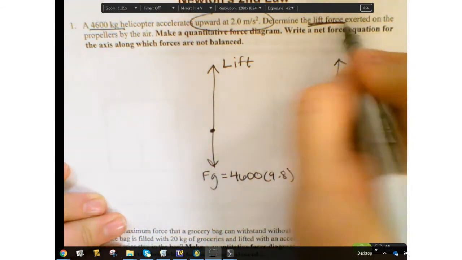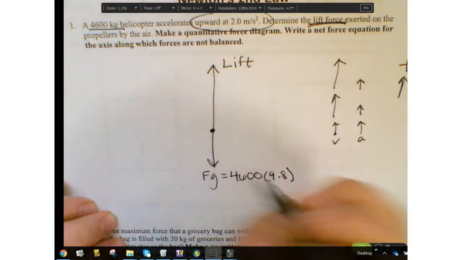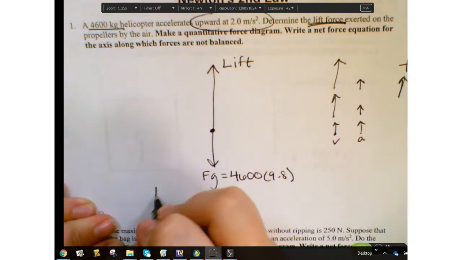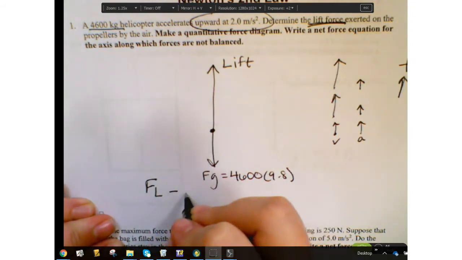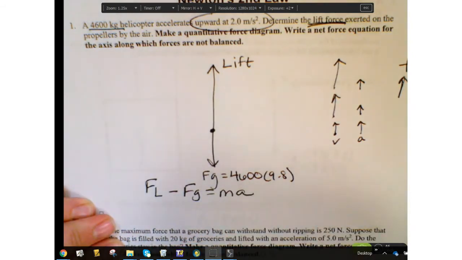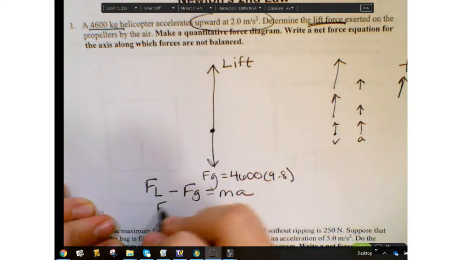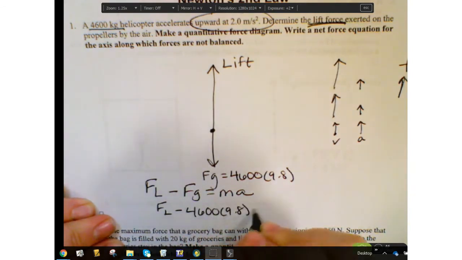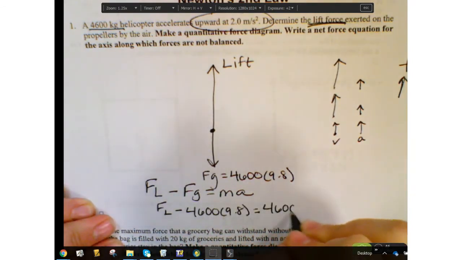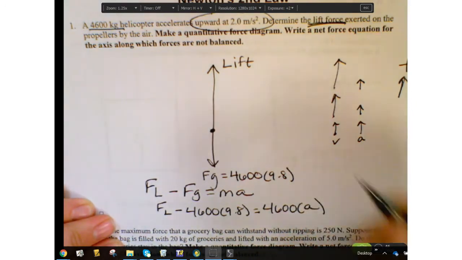It says determine the lift force. So to do that, I use Newton's second law. The lift force, which I'm going to call FL, minus my force of gravity is going to equal mass times acceleration. So FL minus 4,600 times 9.8 equals 4,600 times a.